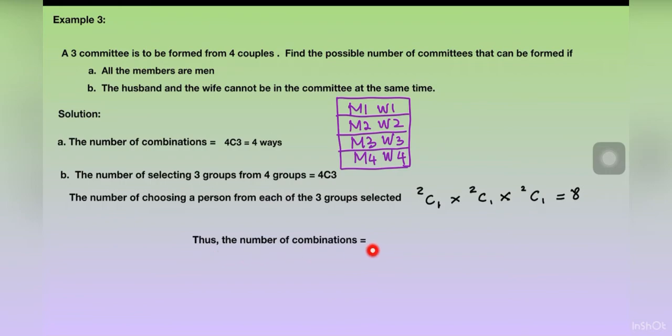Thus, the number of combinations is 4C3, selecting 3 groups from 4 groups, then times selecting 1 person from each of the chosen groups. So the number of combinations so that the husband and the wife cannot be in the committee at the same time is 32 ways.